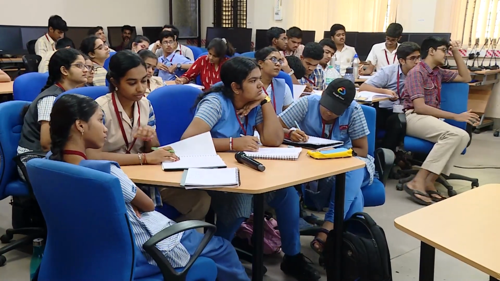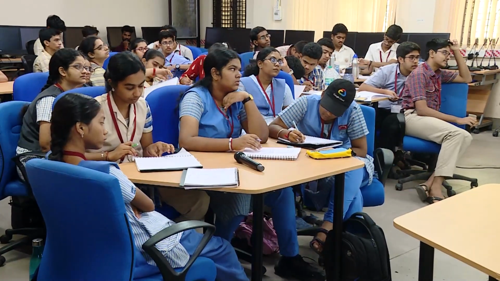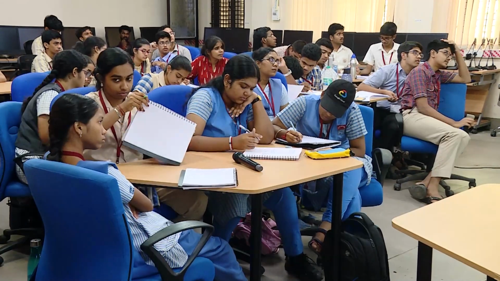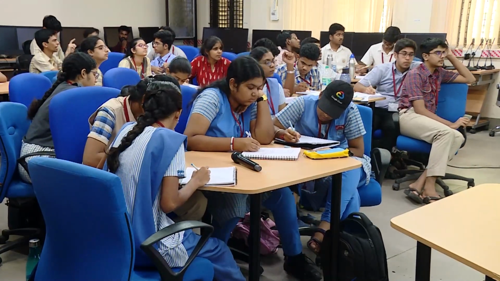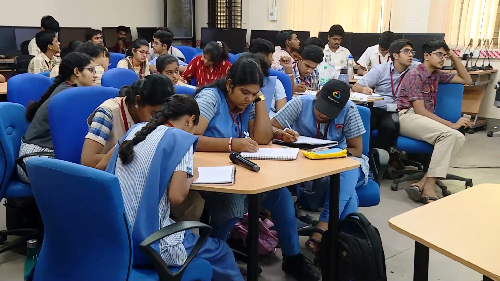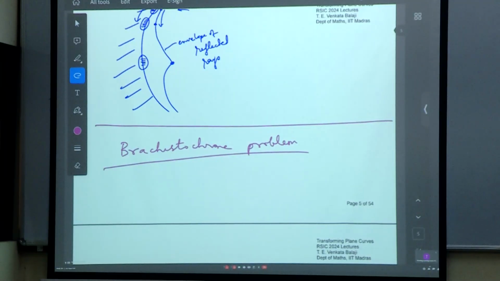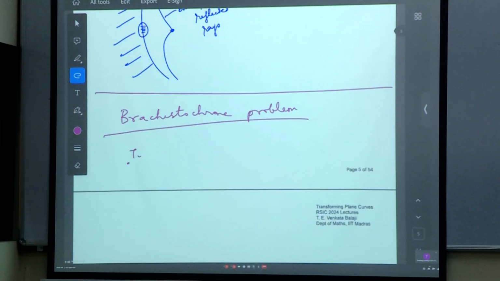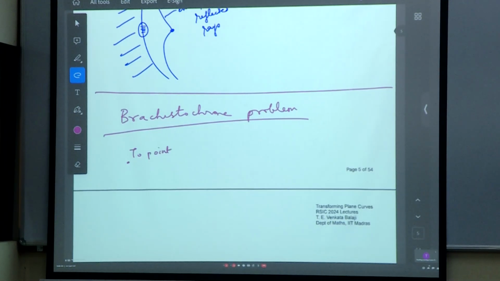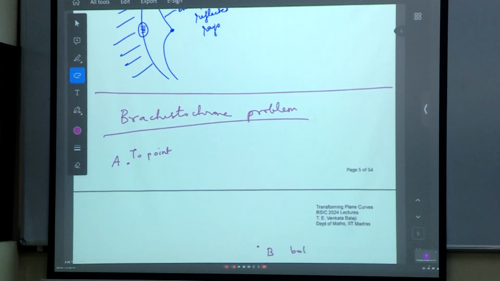The next thing is the so-called brachistochrone problem. This brachistochrone problem is the following. I have a top point and I have a bottom point. And of course, in all these cases, there is uniform gravity pulling things down.